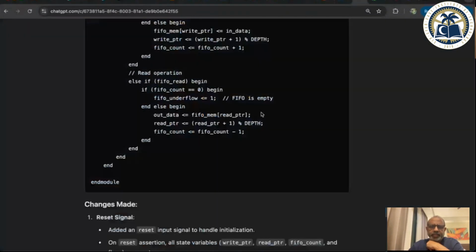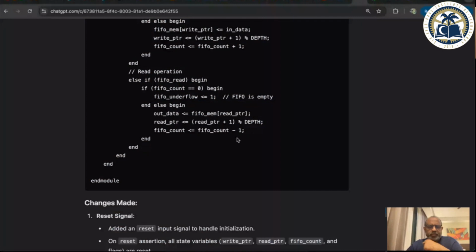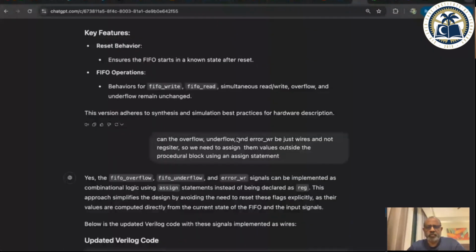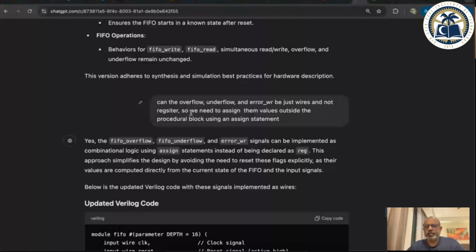I liked it. But what I did not like here again is that these overflow, underflow, and error write should be just wires and not registers. So why not assign them values outside the procedural block? Let me say the same.